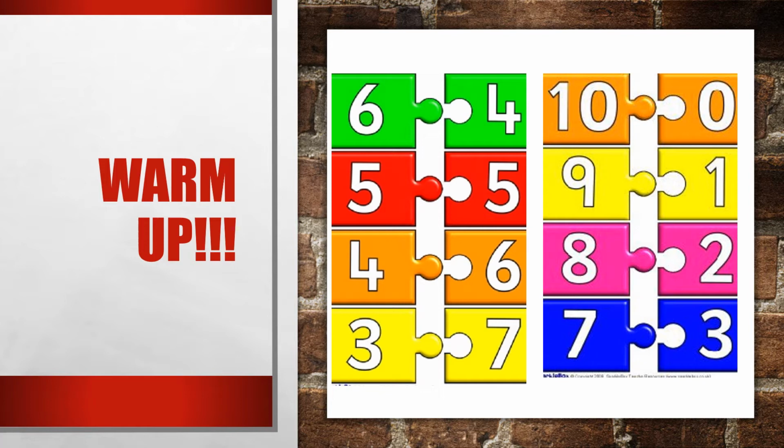And 7 and 3 gives us 10. So these are number bonds, or number pairs, up to 10.